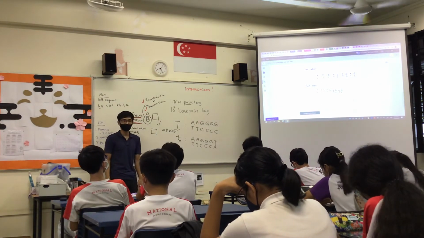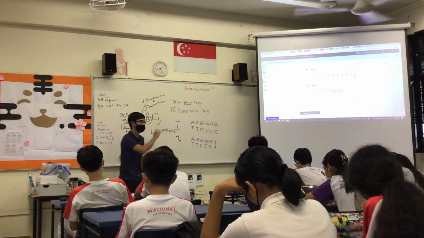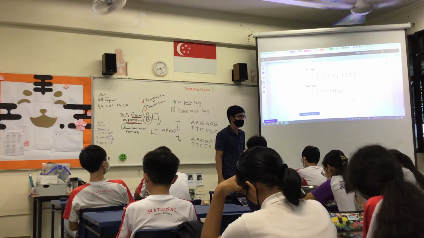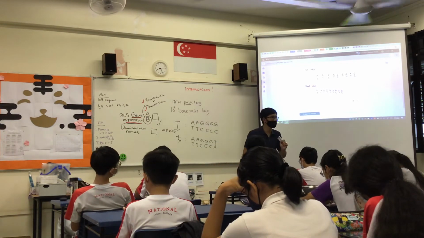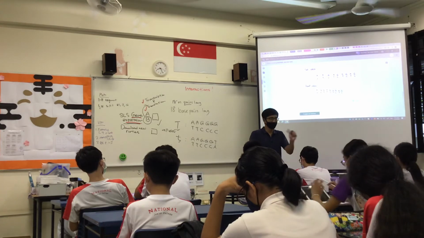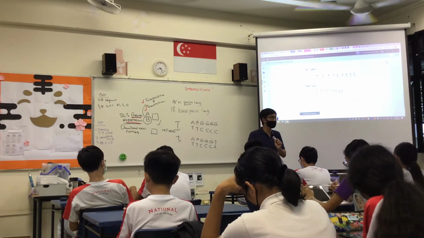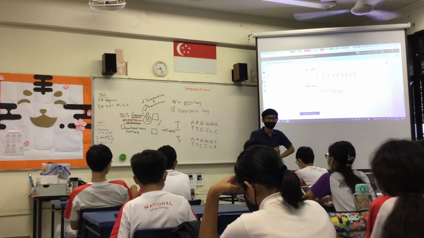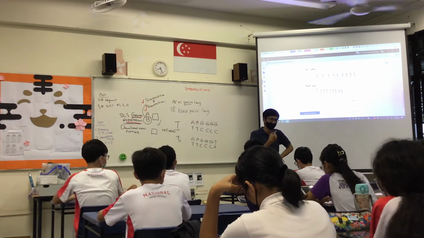Any questions so far? Good question. Can we change more than one base pair? That's fine. At the end of the day, there's a threshold. I don't know what the threshold is per se.